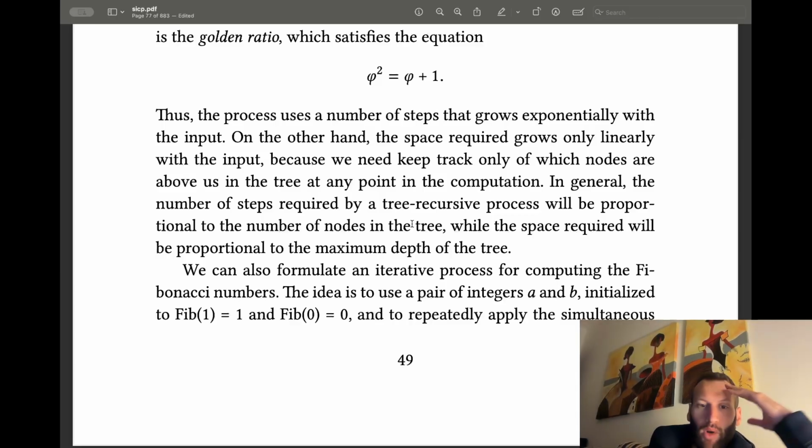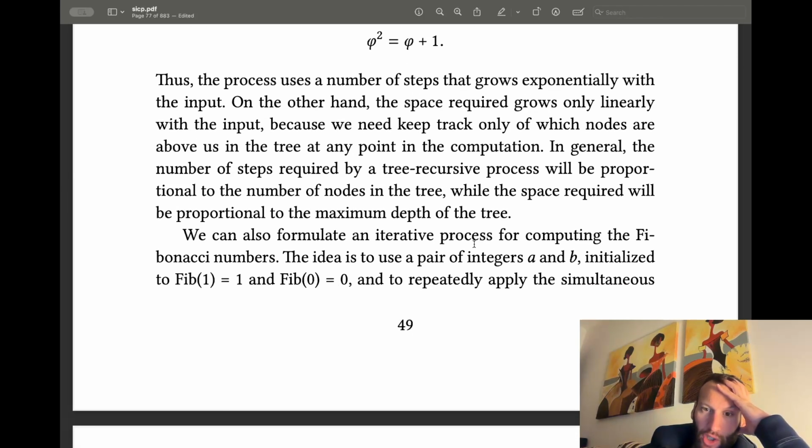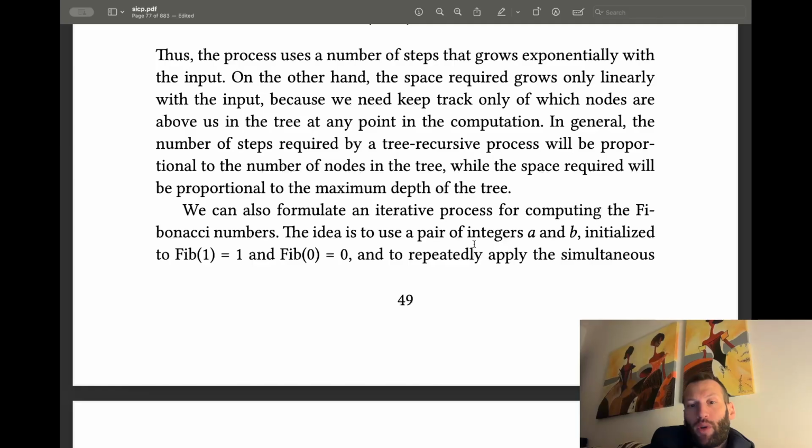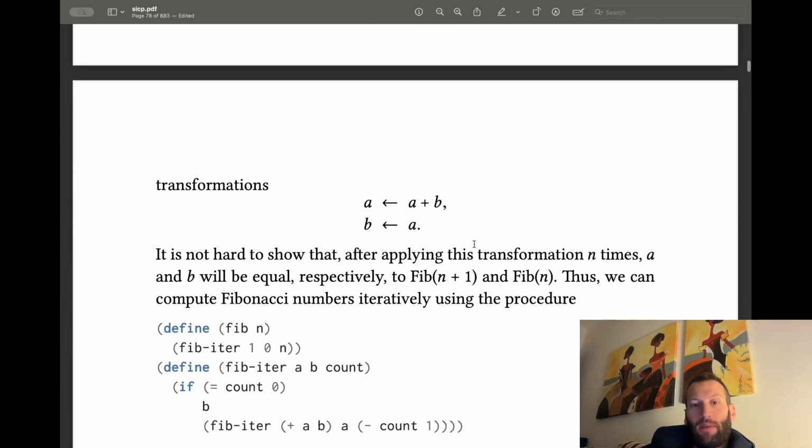We can also formulate an iterative process for computing the Fibonacci numbers. The idea is to use a pair of integers a and b initialized to fib 1 and fib 0, and to repeatedly apply the simultaneous transformations. Basically, a becomes a plus b, and b becomes a.